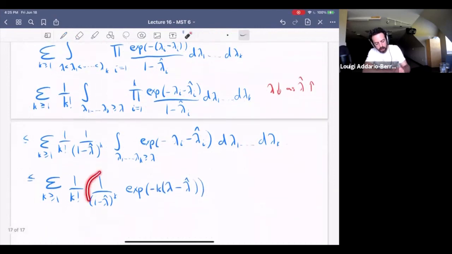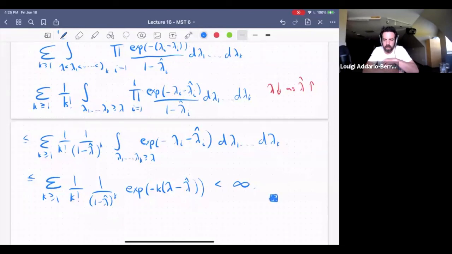Here I have some term which is exponentially either increasing or decreasing in k, but I don't care because it's beaten by a factorial term. So this whole thing is finite. That integral actually isn't very hard to bound and show that it's finite.